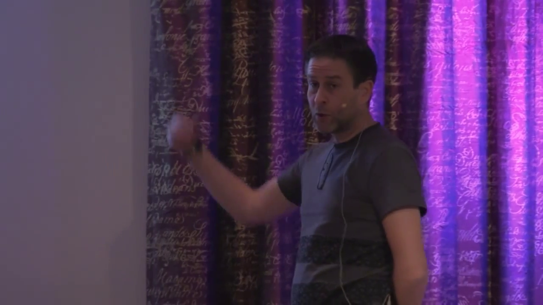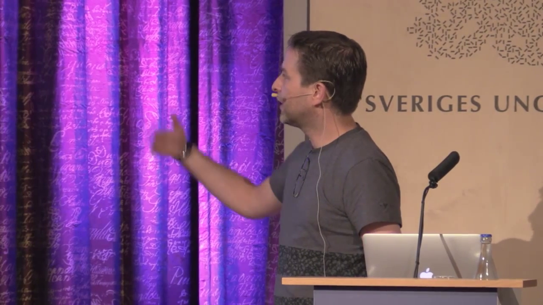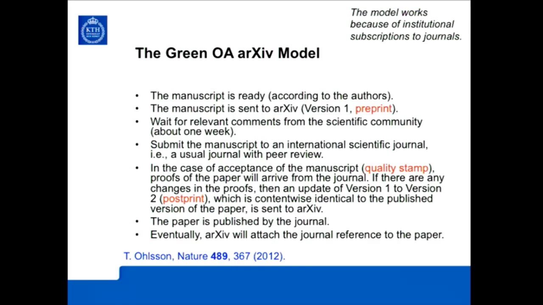And then in the case that this manuscript is accepted, you will have the quality stamp from the journal that this has gone through peer review. Then proofs of the paper arrive in the usual machinery, and if there are changes in the proofs, or if there were changes coming from comments from the scientific community, then normally we update version 1 to version 2, that is the postprint version.